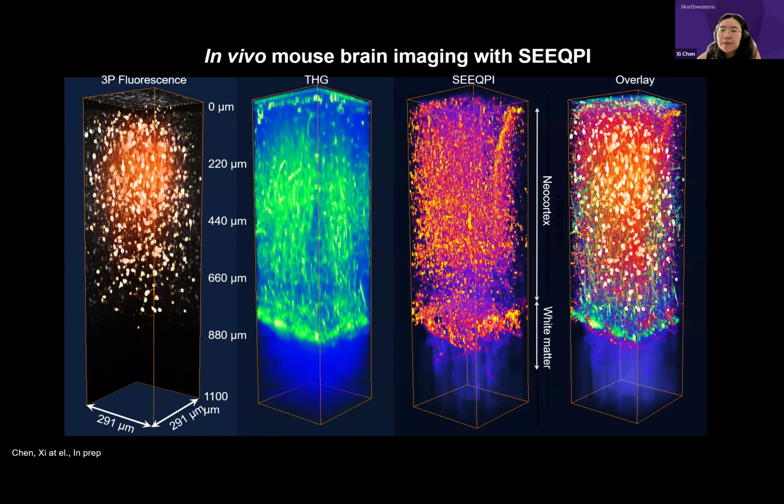And this channel is CQPI. This big thing over here is a major blood vessel inside the mouse brain. All the signals will show in this channel. Basically, we have all types of cells, all types of structures, the axons, the blood vessels, and of course other types of cells, all showing up in the CQPI channel. And this is the final overlay of all the three channels.